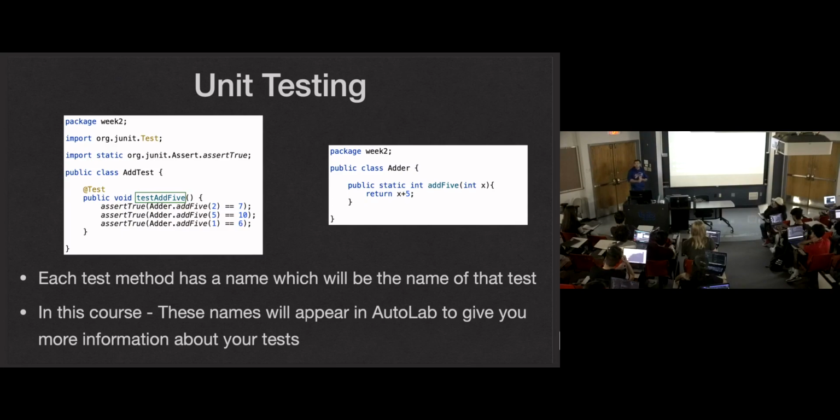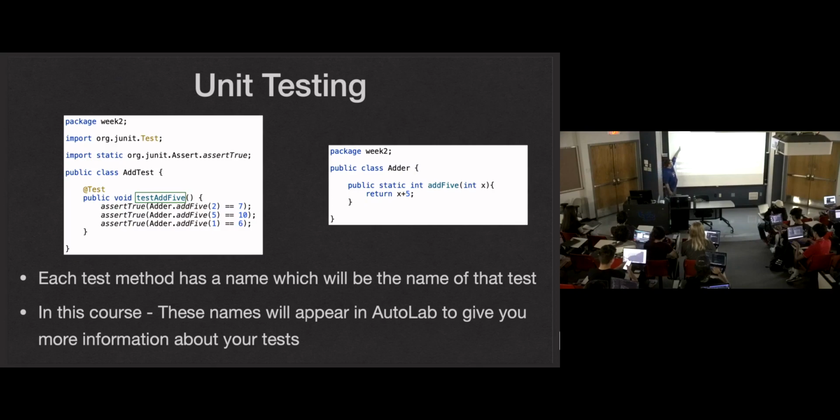Autolab will use these names. Whatever names you give your test, Autolab will give you feedback with those names. So be sure you at least know which name corresponds to which tests, so you don't have to keep looking back and forth through your code. These will show up in Autolab. We're going to see in a few slides that we can have multiple tests in the same test class, and Autolab will give you individual feedback on each test.